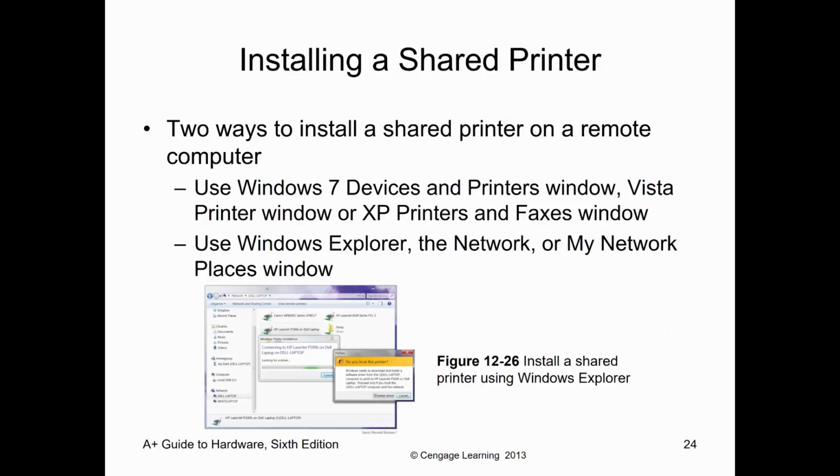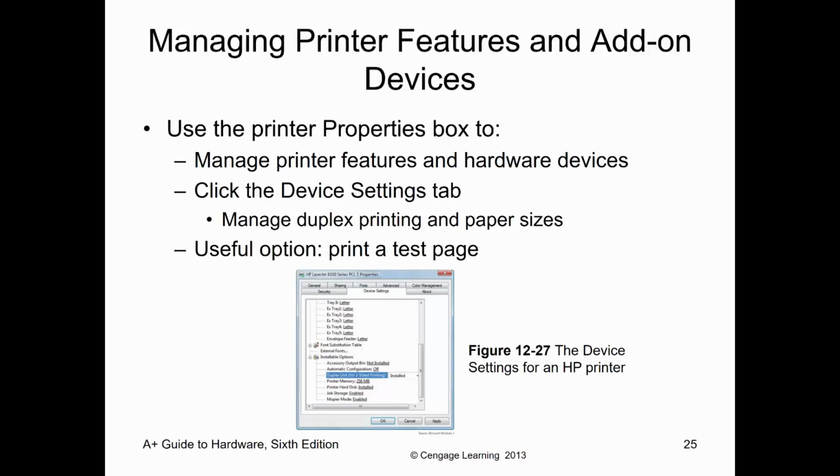You would right-click on the printer and click Share. You could also manage certain features and add-ons to that device by right-clicking on the printer and clicking on its properties. You may have to select the appropriate printer properties, not just specifically properties.